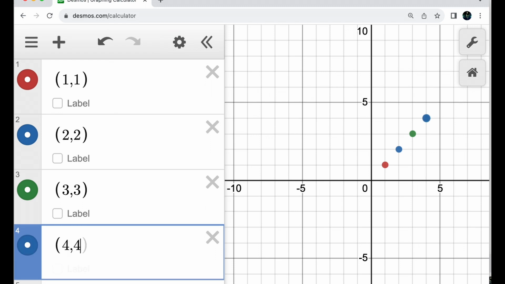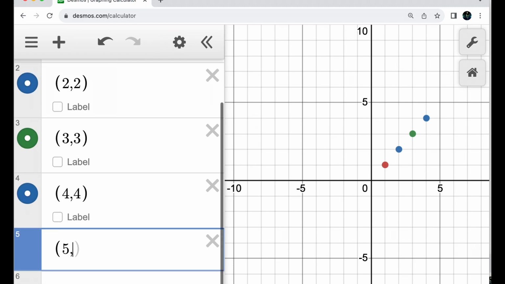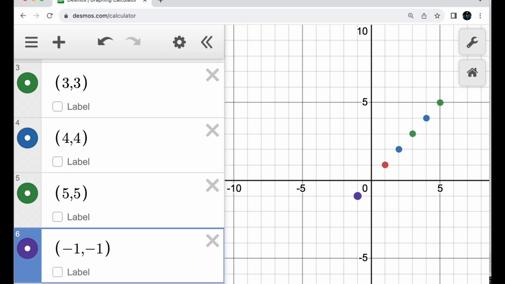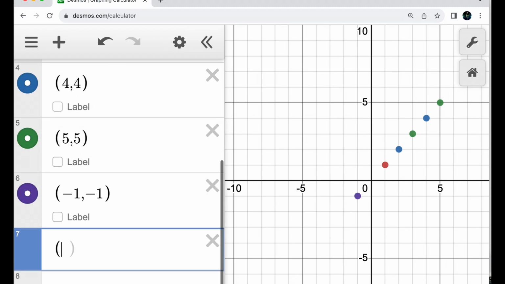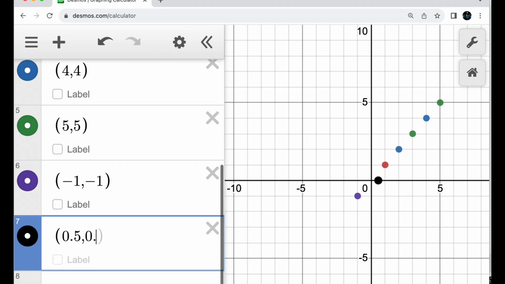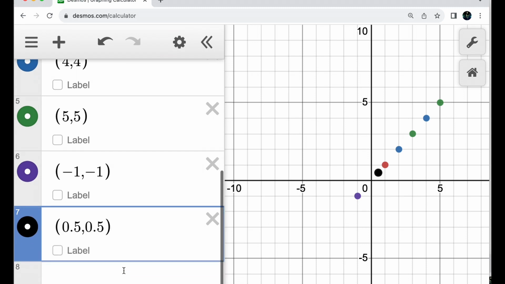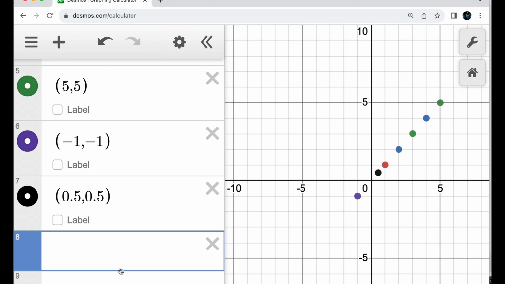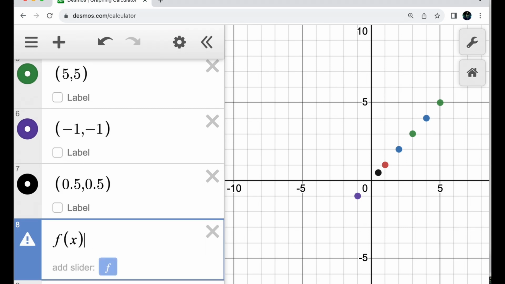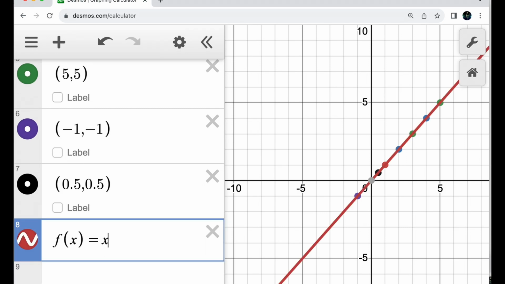You could have (4, 4). You could have (5, 5), (-1, -1). Even a fraction like (0.5, 0.5). If we draw all the points that fit that rule, we can just type the function right in, f of x equals x. Now you see all the points that would work with that rule. It's a continuum, so there's an infinite number of them actually.